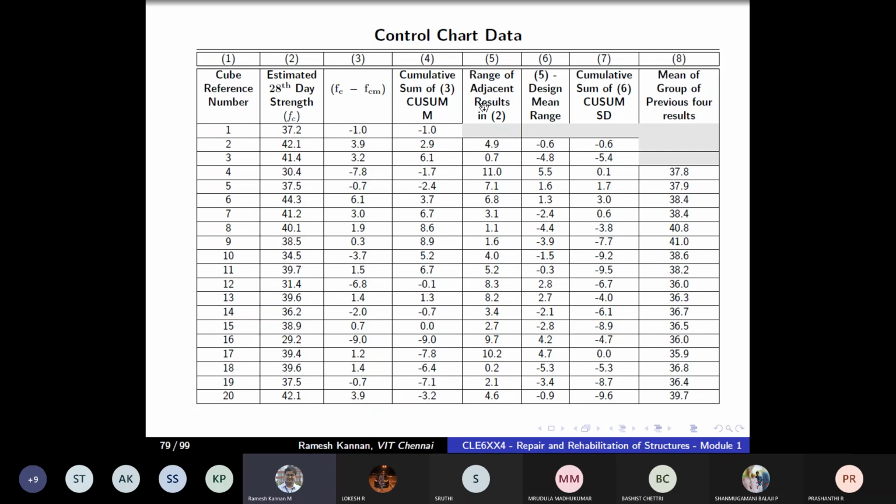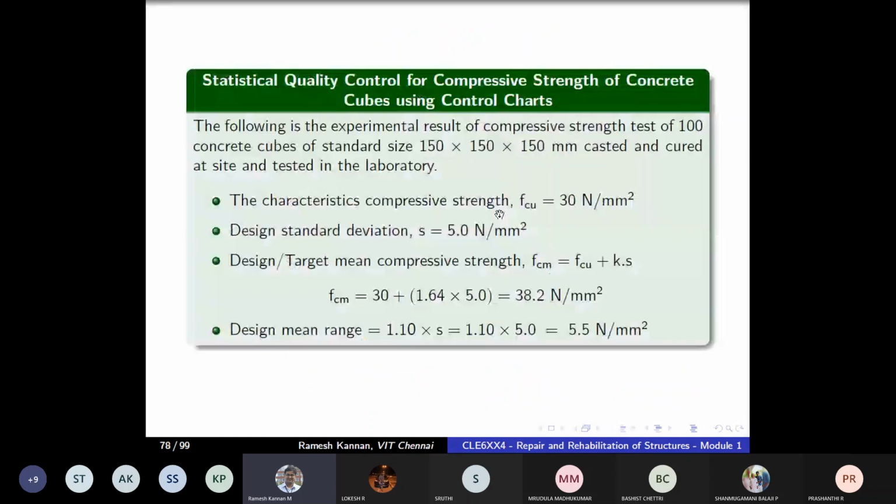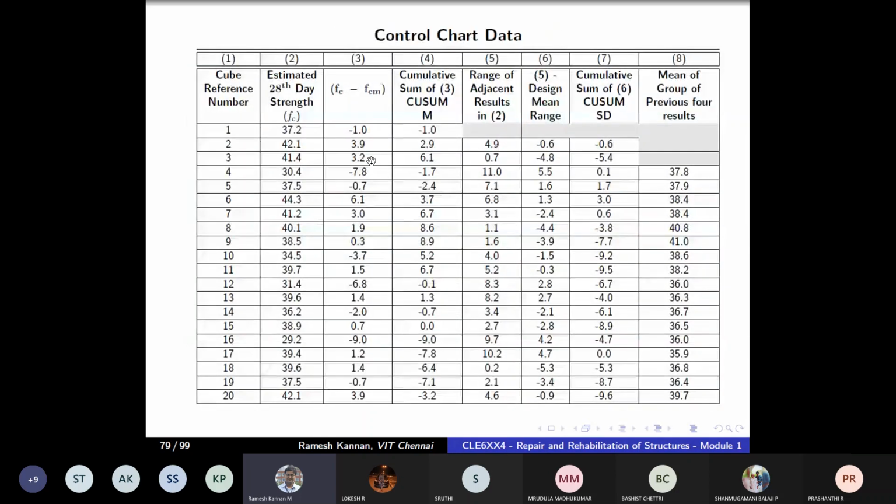One thing to be noted down is that the range of adjustments in results is all positive values. It's an absolute value, so there's no negative value. The reason is that, say for example, 3.2 minus 3.9 is minus 0.7, but we only take 0.7 because we only take the absolute value. 1.9 minus 3.0 is minus 1.1, but we generally give it as 1.1.